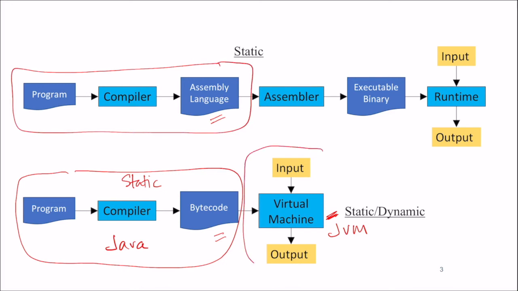However, this aspect of running it on a virtual machine is more dynamic, because it can dynamically adapt to the situation, and it can catch errors in the source code at this stage over here in the static phase, and at the same time have the benefit of an interpreter in that it can dynamically execute the bytecode and take advantage of this dynamic execution.